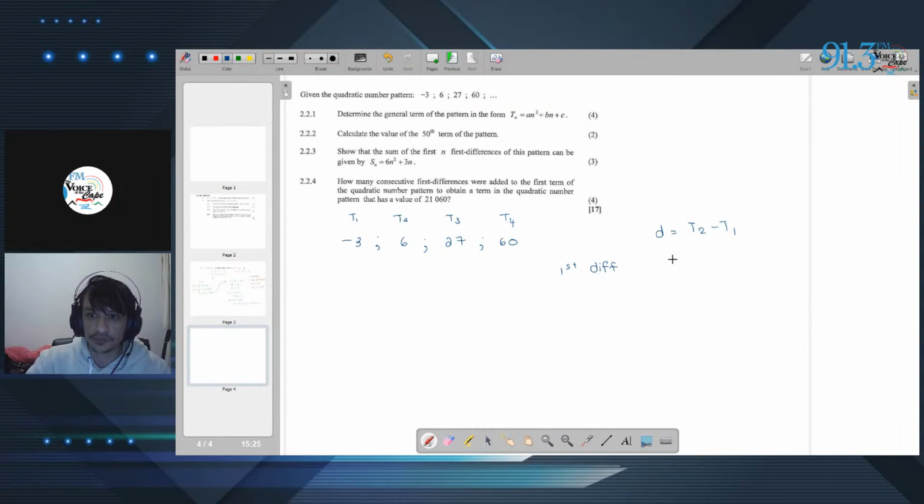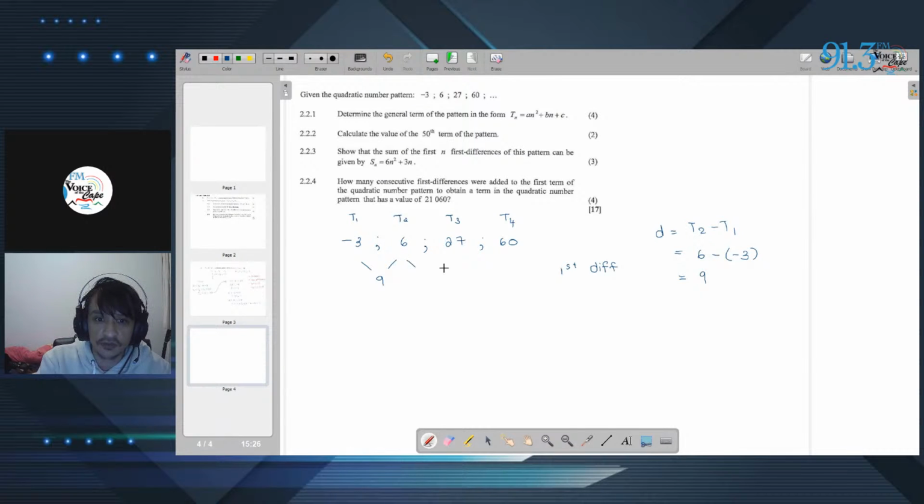All right? 6 minus minus 3. Be very careful with this. Often students forget about how important the operators are, and they don't end up multiplying them together. We know a negative times a negative gives us a positive, so this is going to be 9. So there we've discovered our first difference is 9.